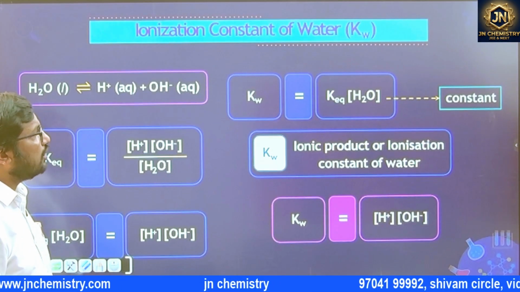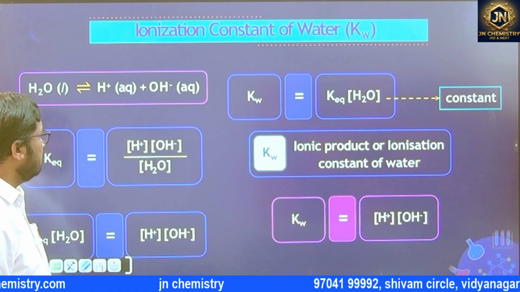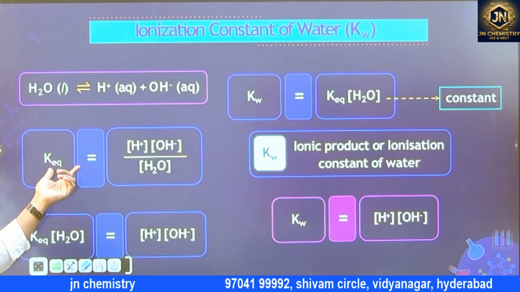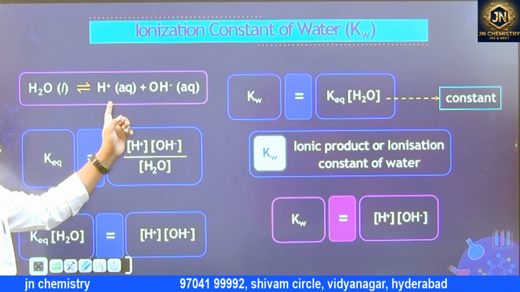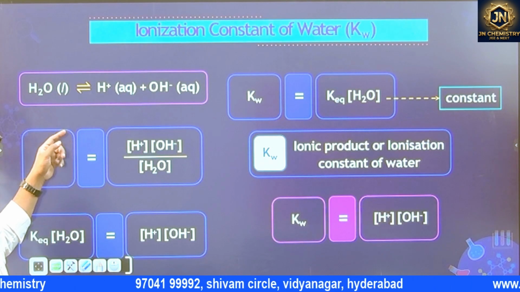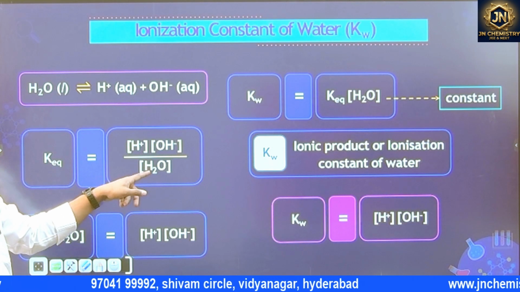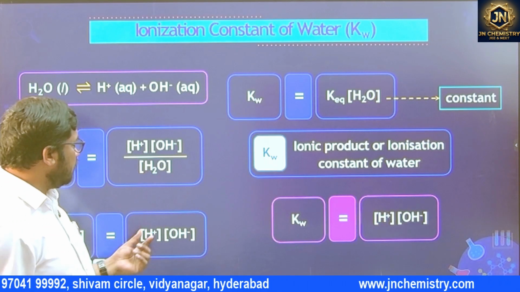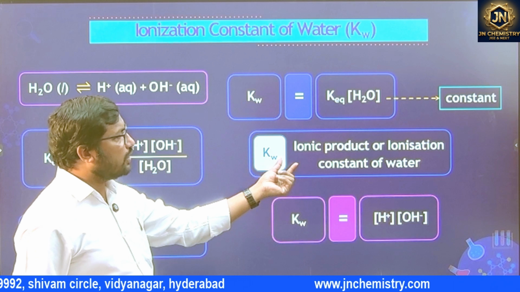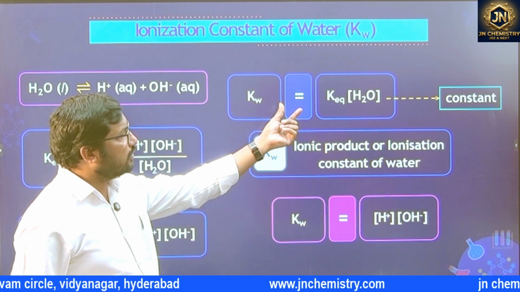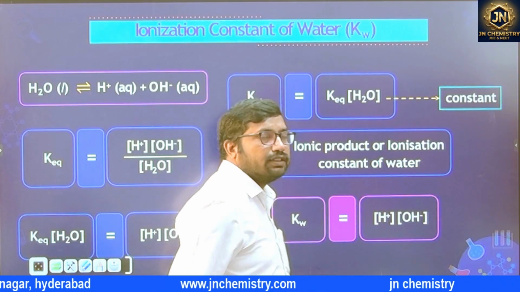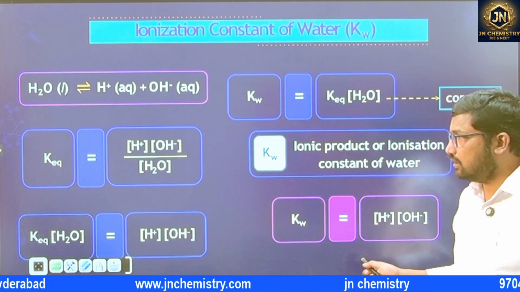Next, the ionization constant of water. H2O gives H plus plus OH minus. K equilibrium is the concentration of products by the concentration of reactants. Because H2O is almost negligible, K equilibrium is nothing but KW, the ionic product of water. So KW is equal to H plus into OH minus ion concentrations.